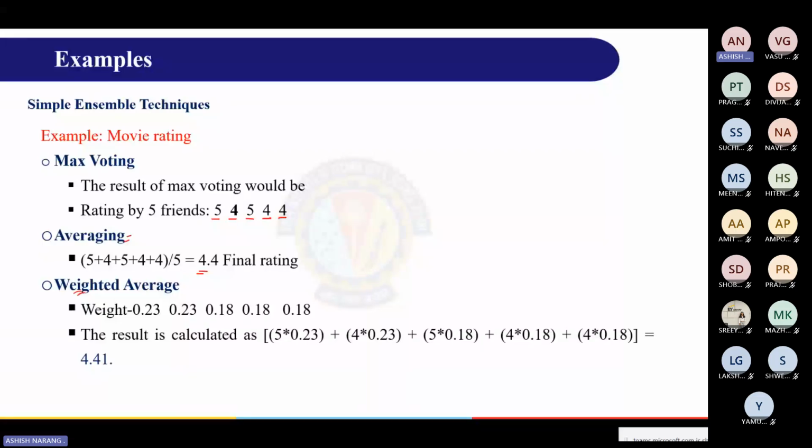That could also be possible depending on what kind of problem I am solving. The weights are 0.23, 0.23, 0.18, 0.1. So these two classifiers have more weight than these three classifiers. I will multiply each rating by its weight and then take the weighted average, and that could be one way. Depending on the kind of problem that I'm going to solve, I'm going to choose max voting, averaging, or weighted average.